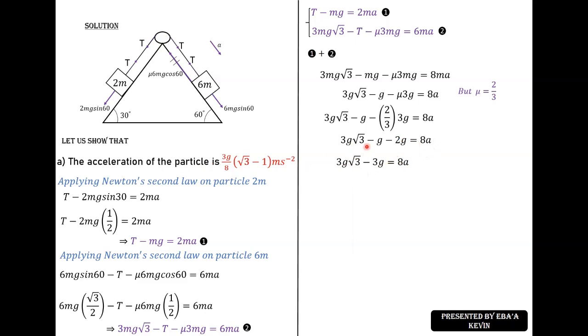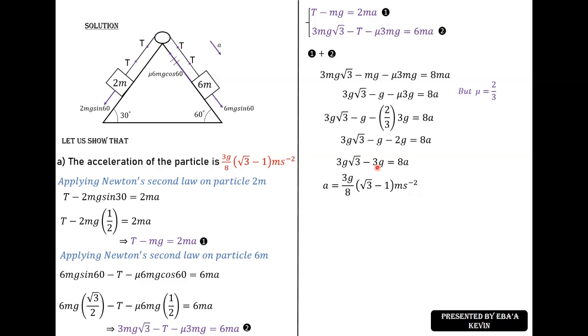Knowing that minus g minus 2g gives us negative 3g, we therefore get the expression of the acceleration. If we divide both sides by 8, we get the acceleration equal to 3g divided by 8, times square root of 3 minus 1, in meters per second squared.